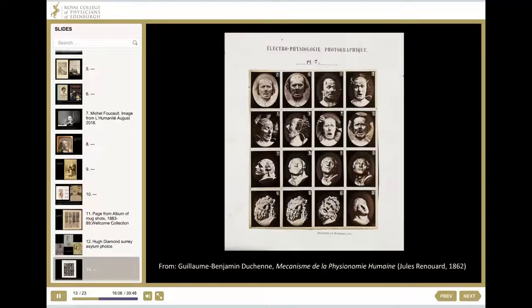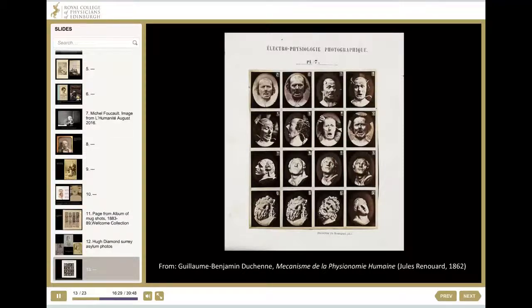Here we're returning to Duchenne's Mécanisme de la Physionomie Humaine. This is the cover of which we looked at in the first slide. Duchenne stimulated different facial muscles and photographed the results, trying to tie different muscles to human expression and then identify which expressions were normal and which should be considered abnormal.